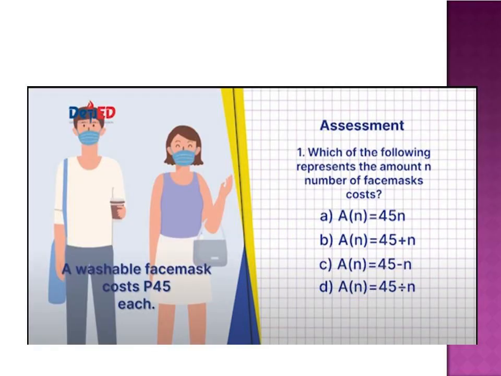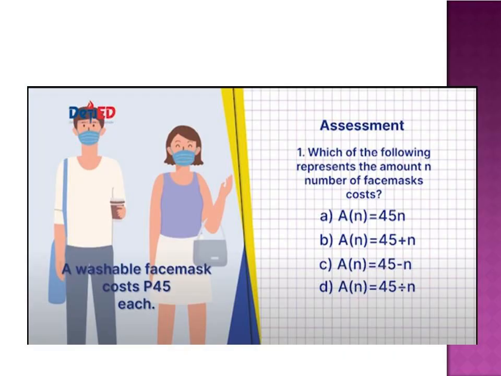For us to check your understanding of today's lesson, let us have an assessment first. For items 1 to 3, you will refer to the given situation. Which of the following represents the amount and number of face masks cost? A. A of n equals 45n.